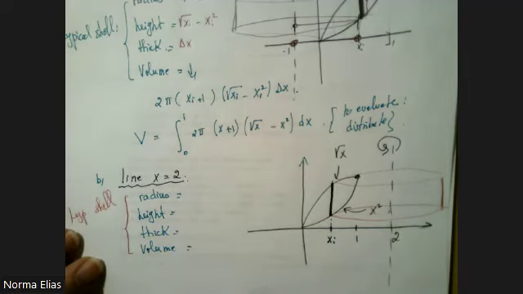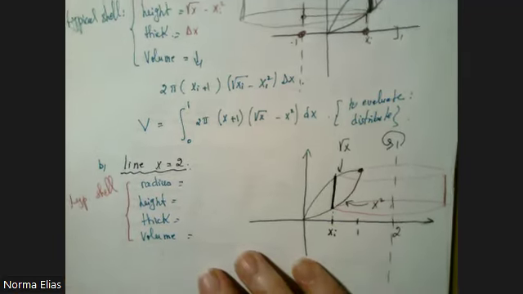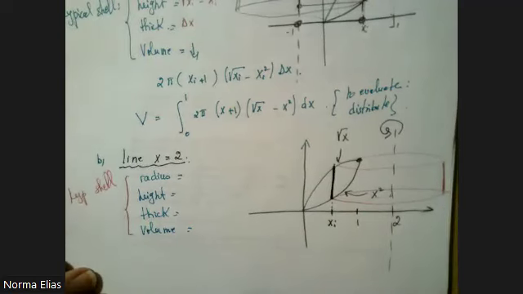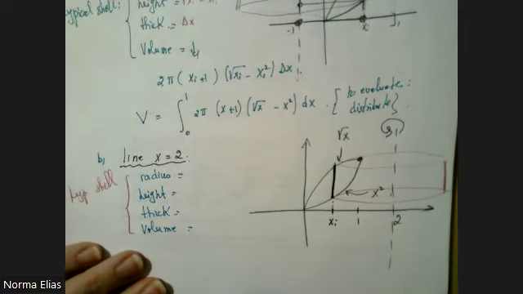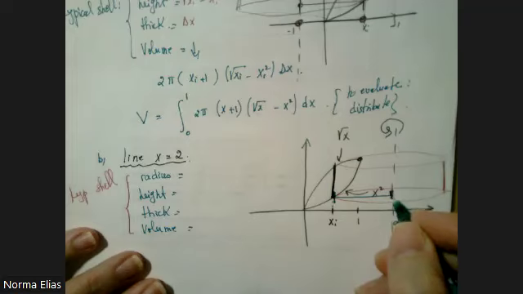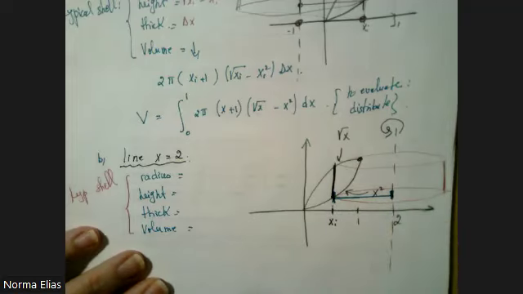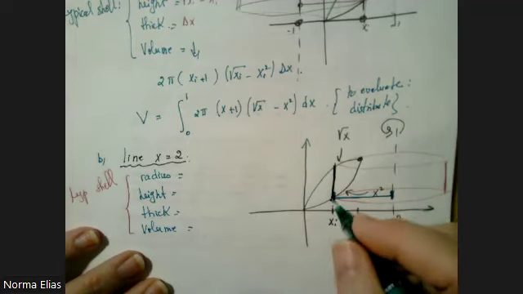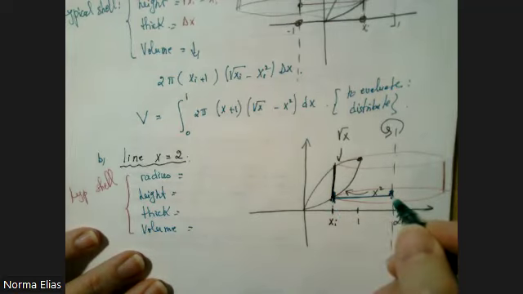The radius, first let's look at the picture. Is from where to where? From here to here. Do you guys agree with me on the picture? Am I making sense? It's from here to here, from your slice to the axis of rotation.